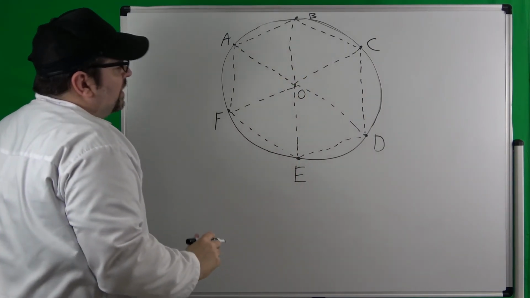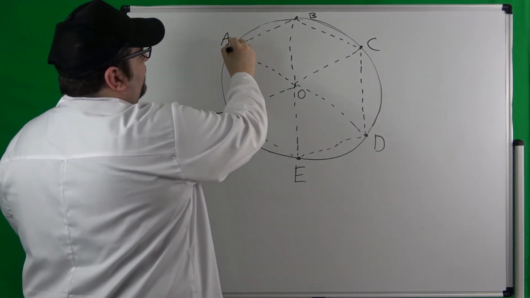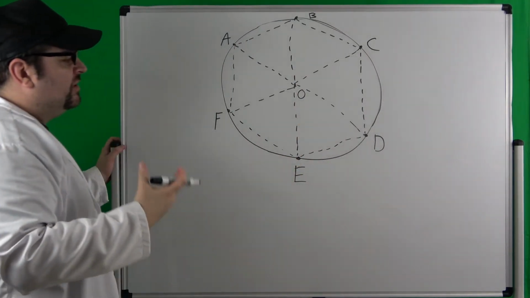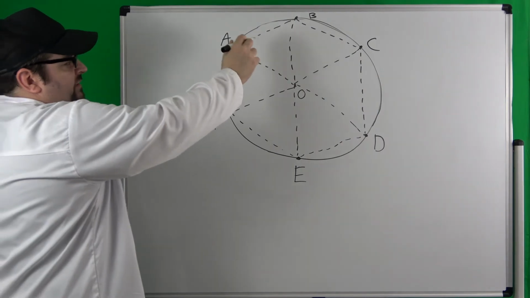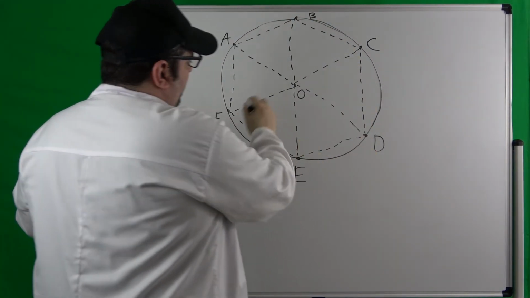So they're all equal. We wouldn't draw a dotted line, say, from A to C. You can just tell by looking, that's ridiculous. That's not the same as the radius. Only the ones next to it are the radius, and to the center.